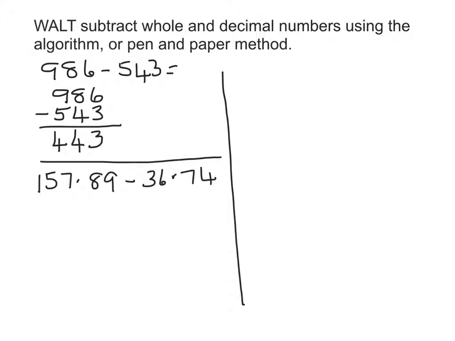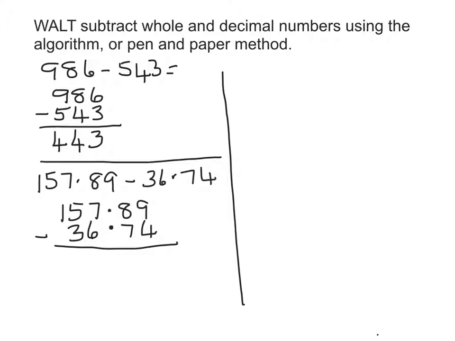Rewriting this vertically, we put the number of the greatest value on top, and then we line up so that all numbers with the same place value are in alignment. And I guess one of the easiest ways to ensure that we do this correctly is to put the decimal point immediately below the other. Then it's a simple matter of 36 and 0.74. Here's our equals line.